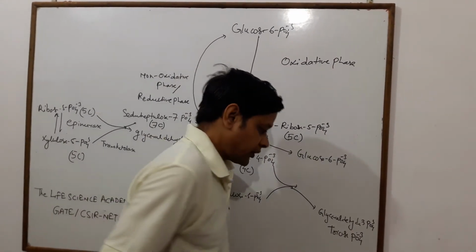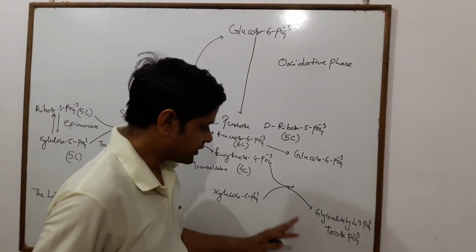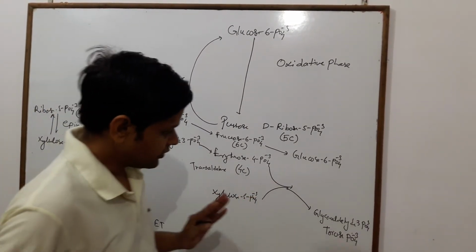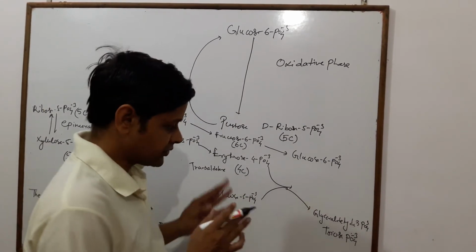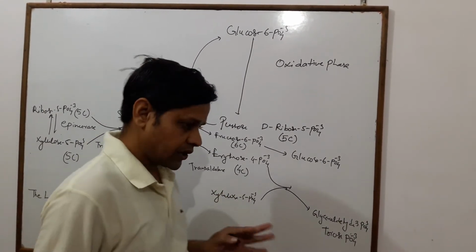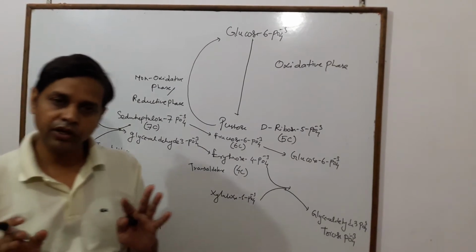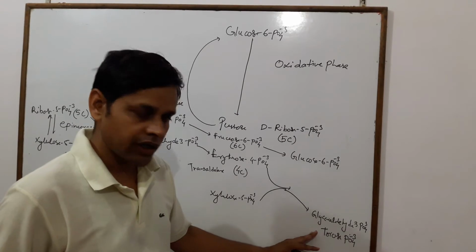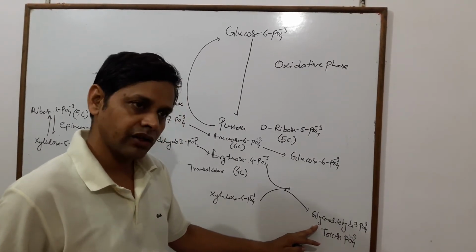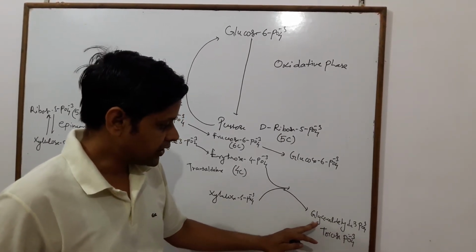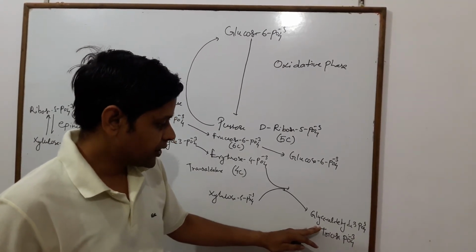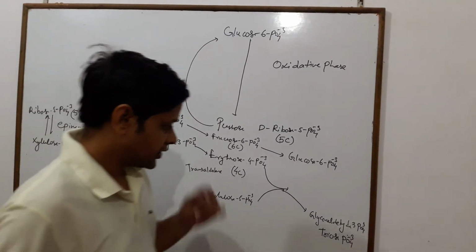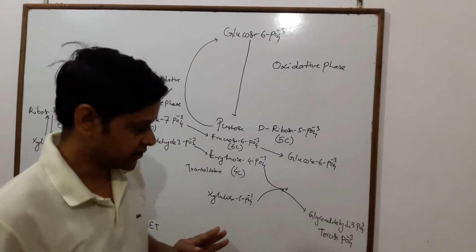Now, if we compare this pathway to glycolysis, what is the similarity between these two pathways? In glycolysis, the triose phosphate forms in the cleavage step, and when this moves backward toward glucose 6-phosphate, it follows several reactions.